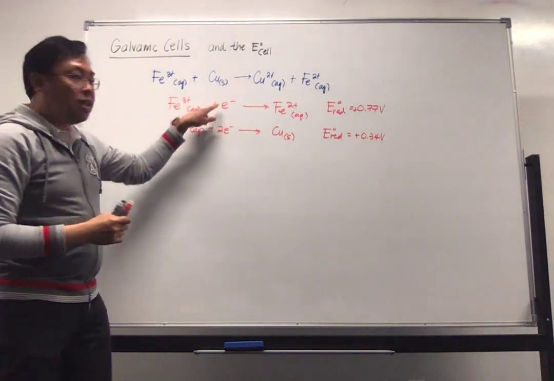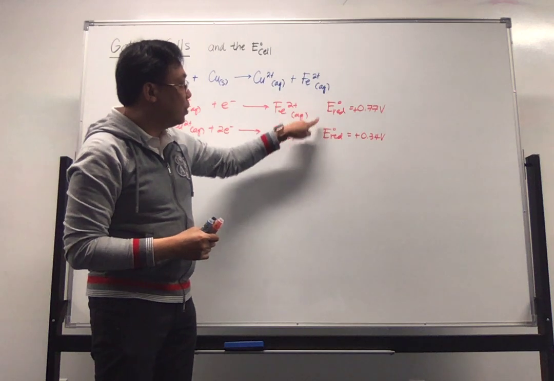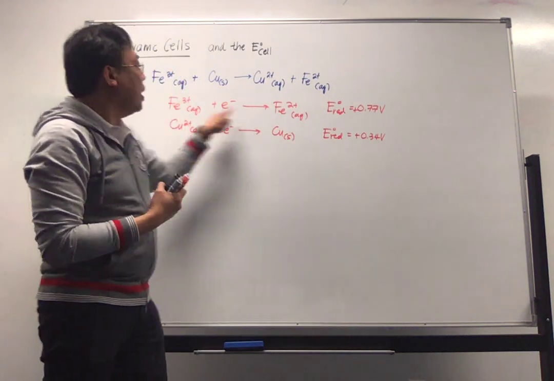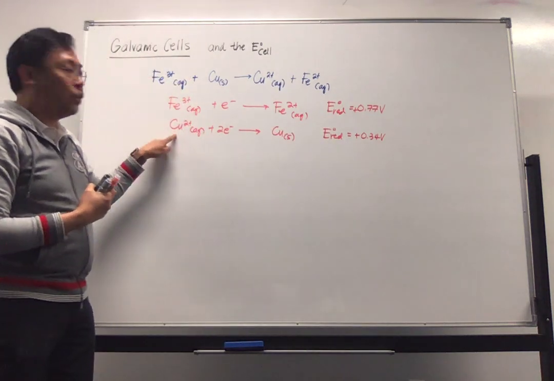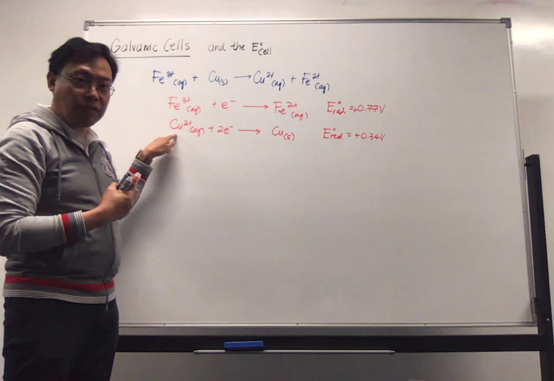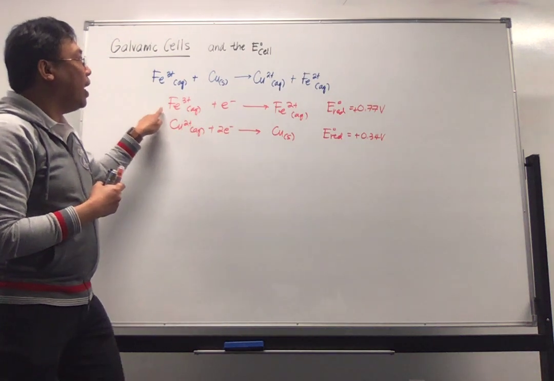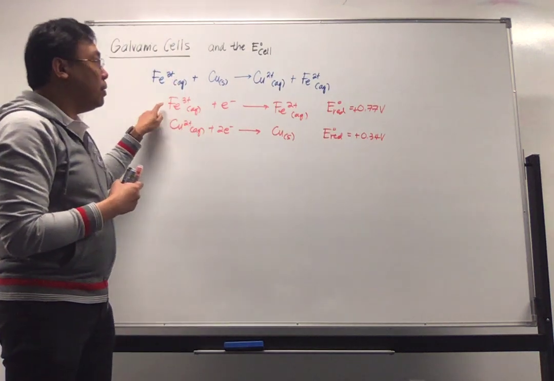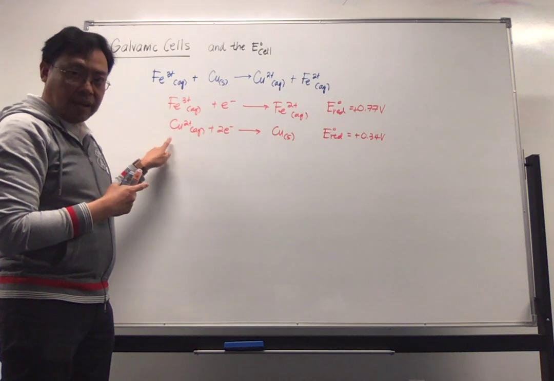So when we see these two half reduction reactions and compare their reduction potentials, meaning their tendency to pull the electrons, that means that the ferric ions win over the copper ions in terms of pulling these electrons. Therefore, we have to retain this, and this will be the reduction half that will happen and not this one.